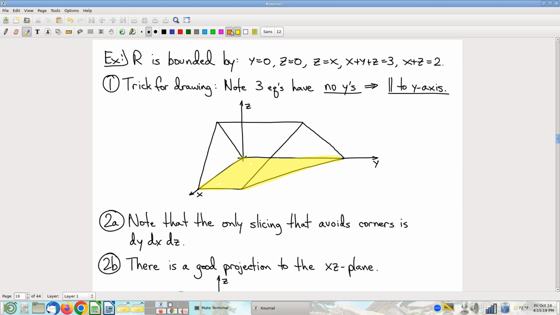In other words, if I move up from there, where's the last value of z? And what you notice is that where that last value of z is depends on where you are in the yellow projection. Sometimes that last value of z is on that surface. But sometimes it's on this surface.